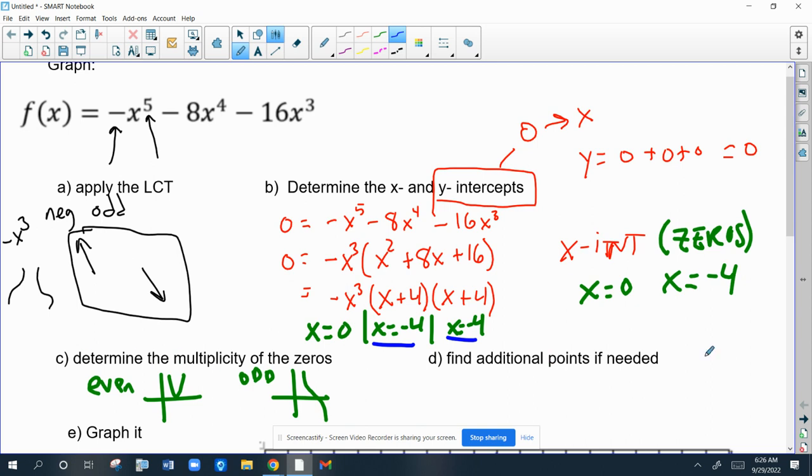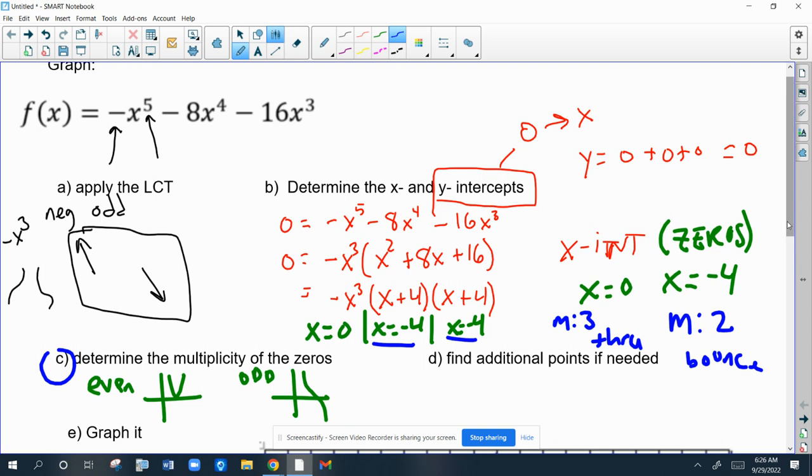I'm going to write my multiplicities right under the zeros. The multiplicity of negative 4 is 2, so that's a bounce. The multiplicity of x equals 0, even though it looks like it happens once, it's x cubed. So you have to think it's x times x times x, and each of those x's would produce a 0. So there's actually 3 of them there. That's an odd multiplicity, so it goes through.